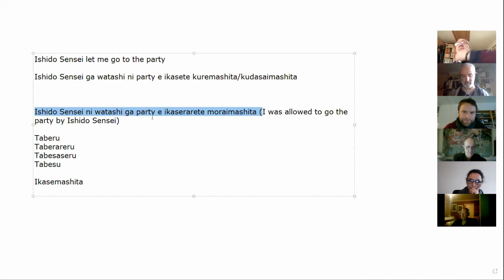Try ikasu. No, it's not on that either. I have to go away and find it, guys. But it's a weird shortened conjugation, which we'll do maybe March next year. Okay, any questions?